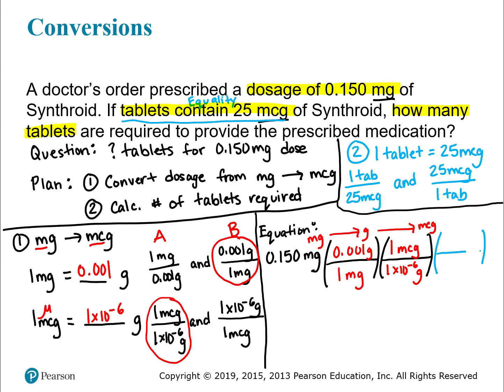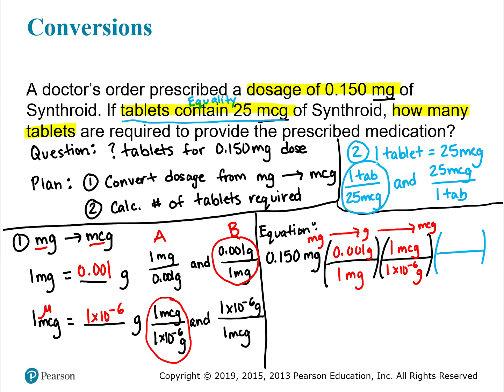Now we've got to figure out the tablet part. So we choose one of our conversion factors from here, and that's going to take the number of micrograms and convert that to tablets. So am I going to use the first one or the second one, A or B? Y'all know which one is which. Yeah, we're trying to cancel out the micrograms and be left with tablets.